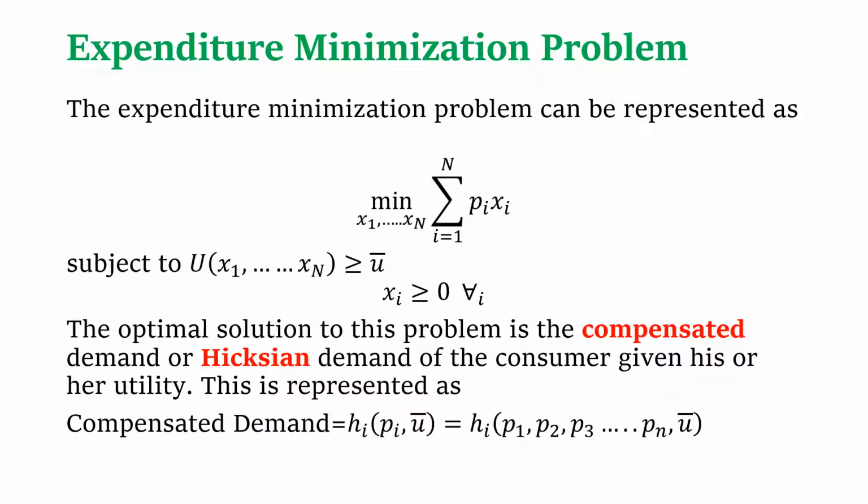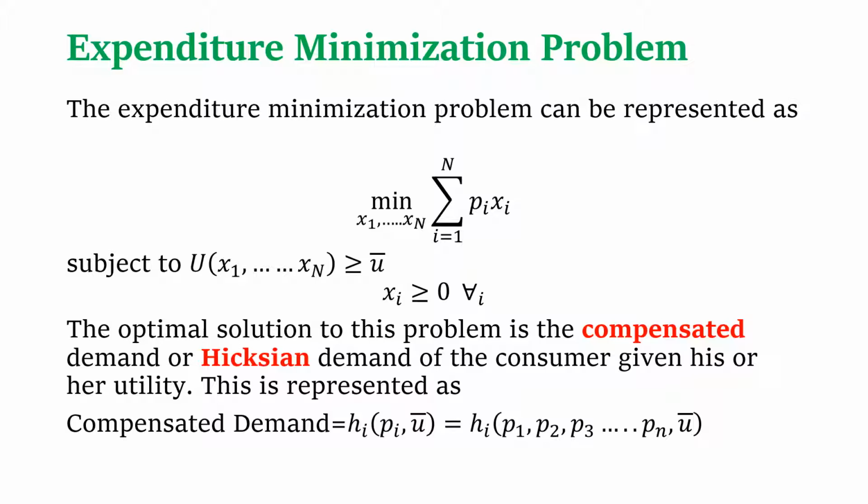So what is going to happen here is that from this expenditure minimization problem, we are going to obtain the optimal solution. Now remember, in the utility maximization problem, we obtained the optimal solution, and that optimal solution gives the uncompensated demand function, which is the Marshallian demand function.